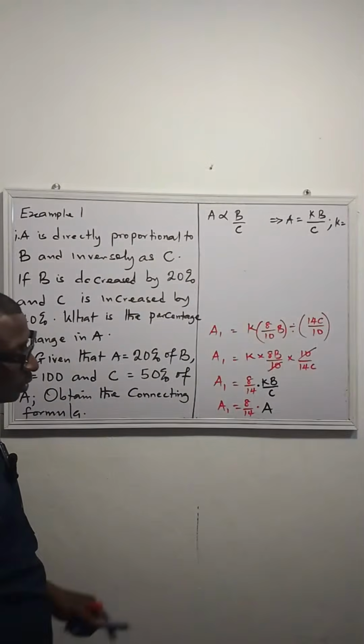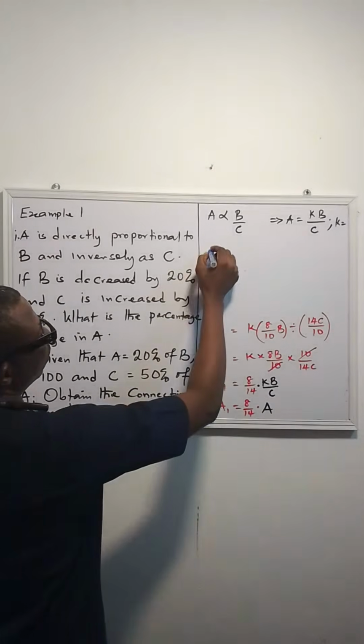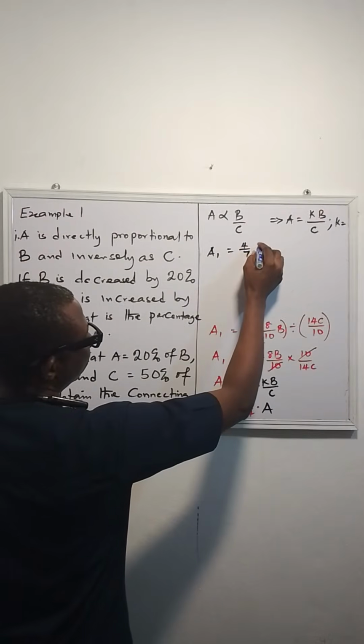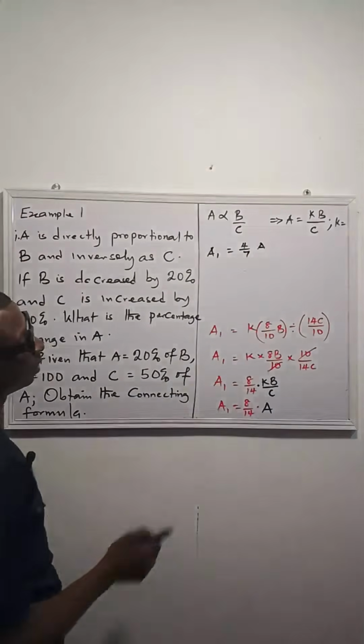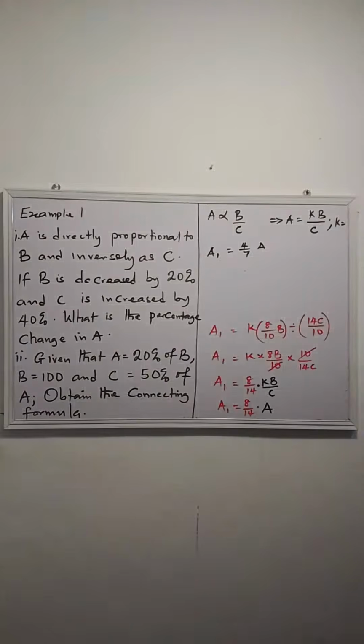So what is the percentage of 8 over 14? Or let's write it this way. A1 equals to 4 over 7A. So let's convert this one to percentage. I want you to drop your answer in the comment section. Okay, I can see 57.143. That's Bolaon. Yes, I can see Modupe, 57.143.